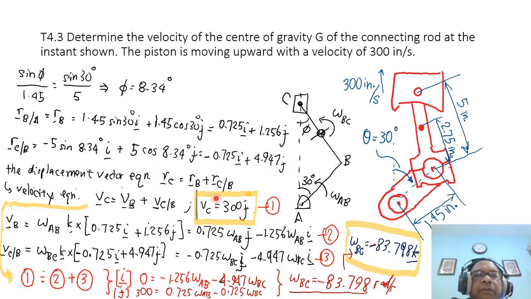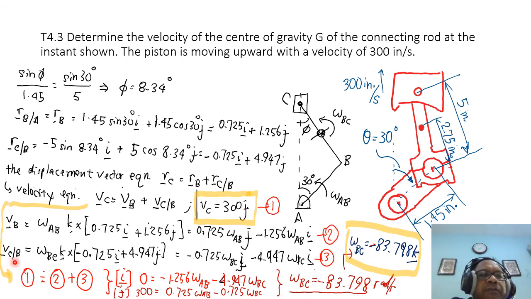And from the displacement equation, position vector C equals position vector B relative to A plus position vector C relative to B. From there I got the velocity equation, VC equals VB plus VC relative to B. I know VC is 300 going upwards, and I can calculate VB equals omega AB cross the position vector here of B relative to A, 0.725I plus 1.256J. We've done that here. And similarly, we get this answer, and I put it as number 2.